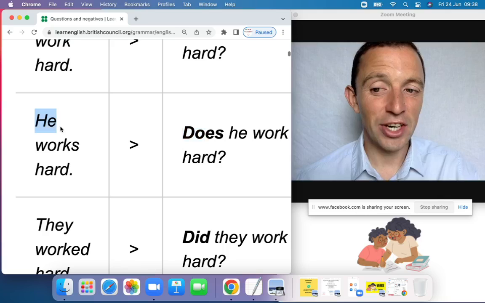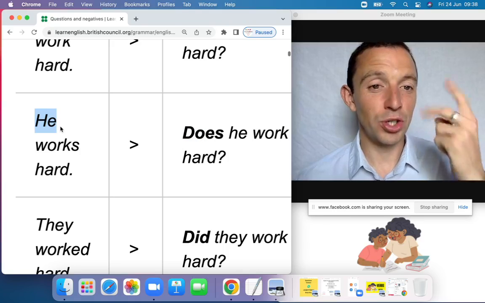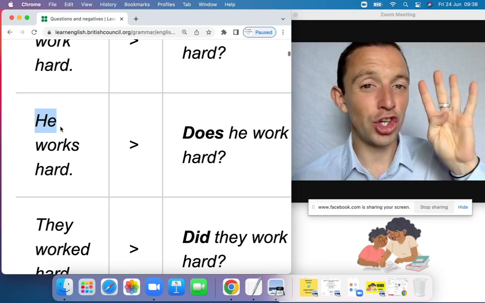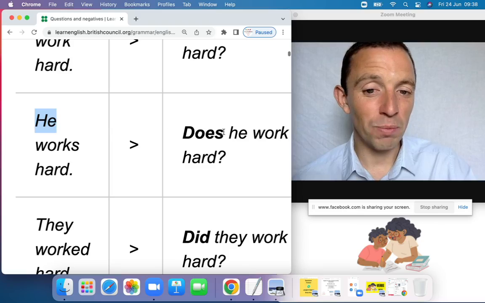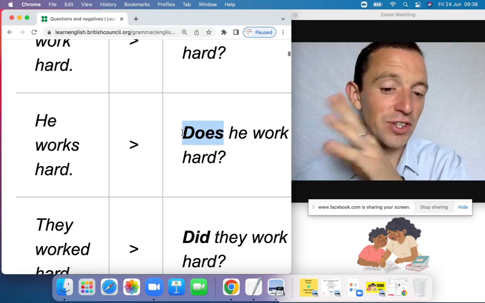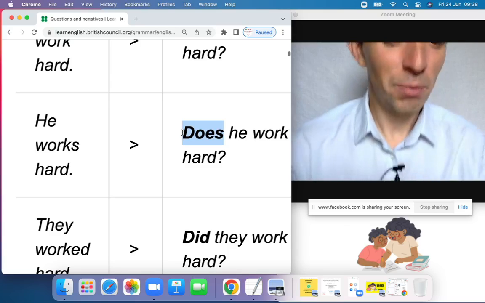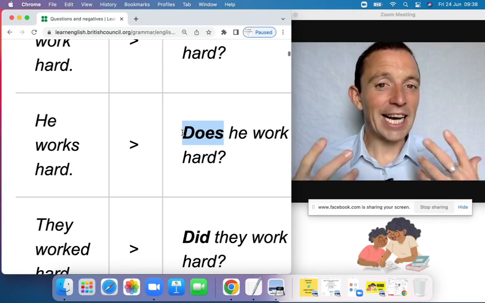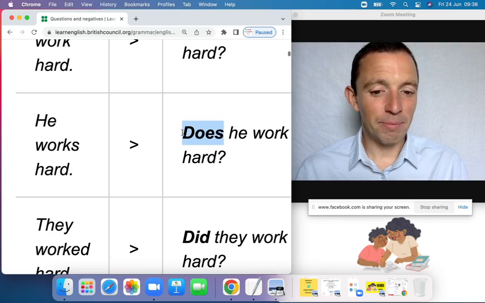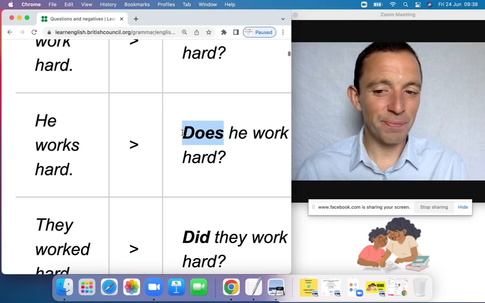Because it's the third person, I do, you do, he does, she does, it becomes does at the beginning. Does he work hard? Okay, so this is the question. Very difficult English, but very easy for English speakers, but difficult when you're learning English.